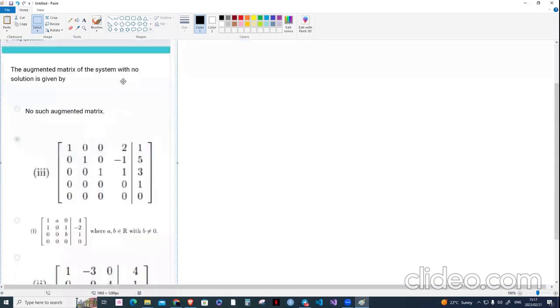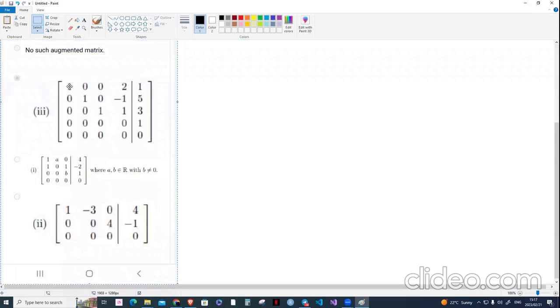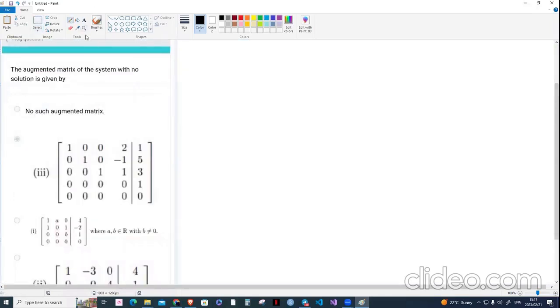The augmented matrix of the system with no solution is given by, well, if there is no solution, you go towards the last rows. Okay, this one has zeros. So this one cannot qualify. We move on to the next one. This one also has zeros. Oh, look, it has a 0 and then it has a number. So we just did this. If there's a 0 and then there's a number, it means the system has no solution. So this is the correct one.